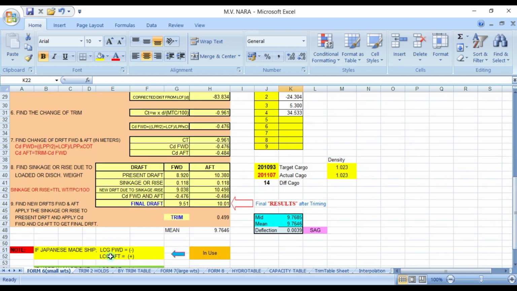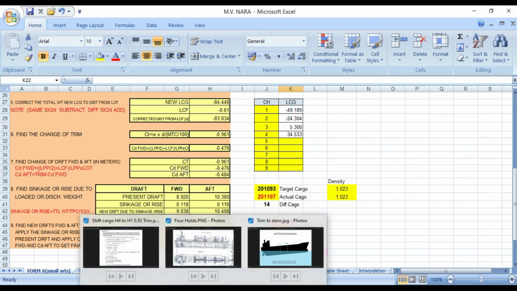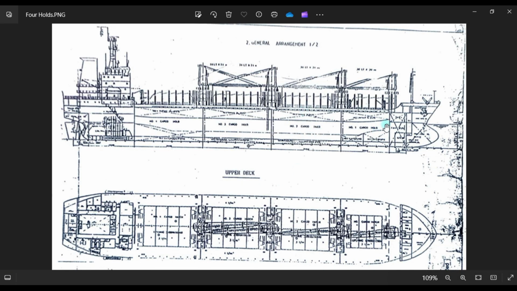So holds 1 and 2 are in the forward part of the vessel, so the LCG sign should be negative.